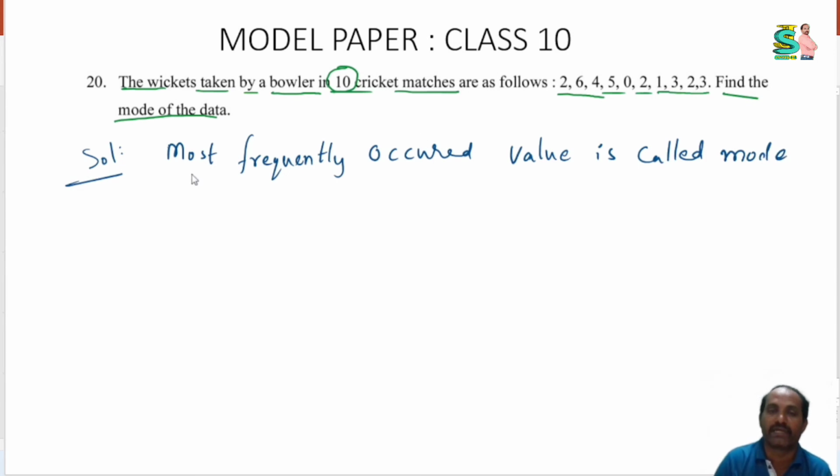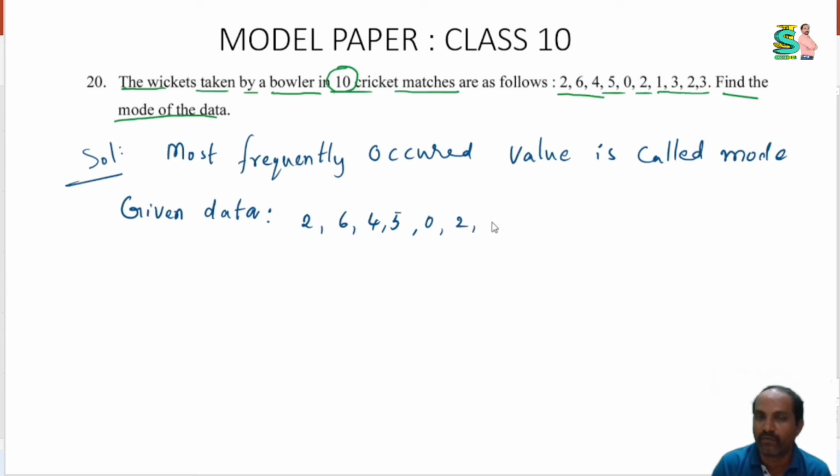So first, the given data we should write in ascending order. First write the given data: 2 6 4 5 0 2 1 3 2 3. This one is given data.